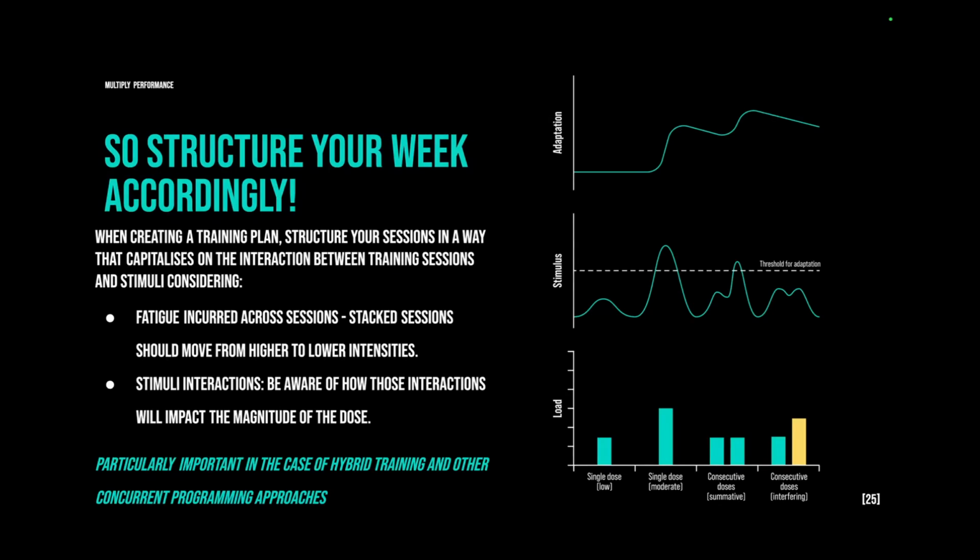is if I go out and I do a heavy squat session on the Monday and then I try to go for a run, the fatigue induced by that heavy squat session is going to leave me feeling a little bit tired, a little bit achy, but actually it's going to challenge my body in a similar sort of way.